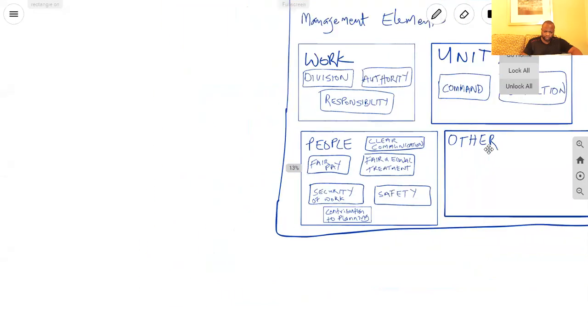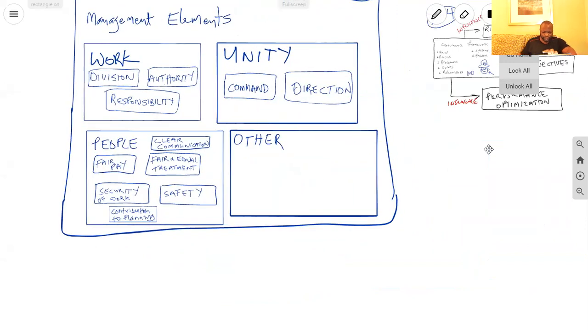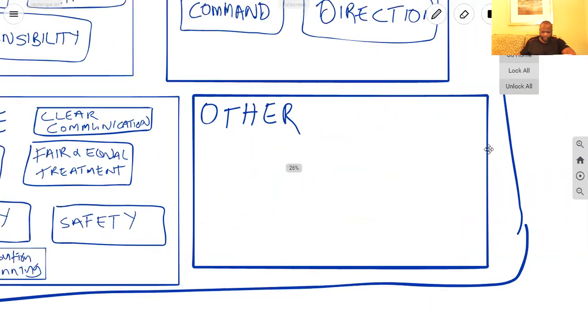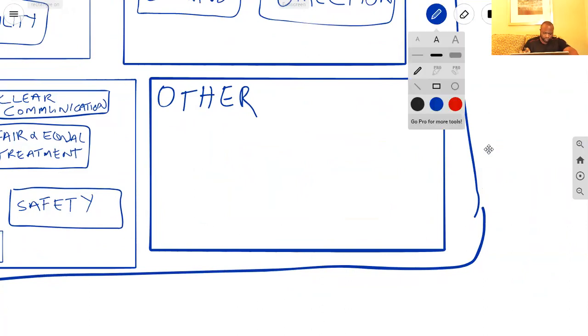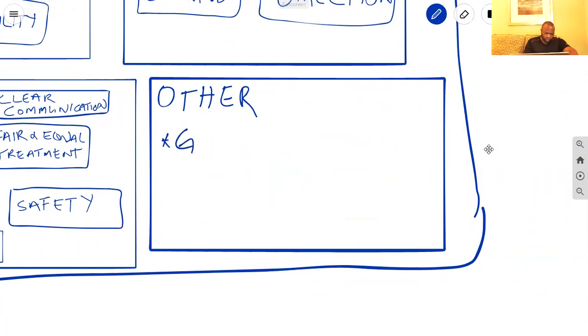Okay, so here's the picture, and let's zoom into other. So the other categories that are mentioned that I have not bucketized, we have general goals of the organization, goals of the firm, general goals, that is.